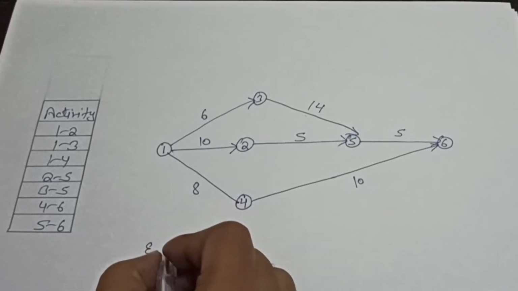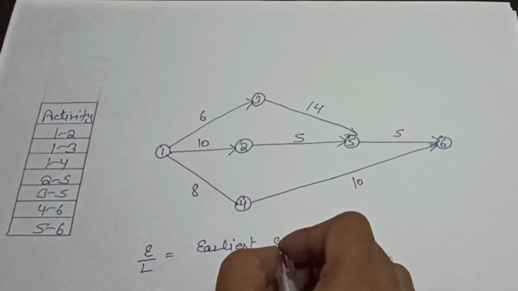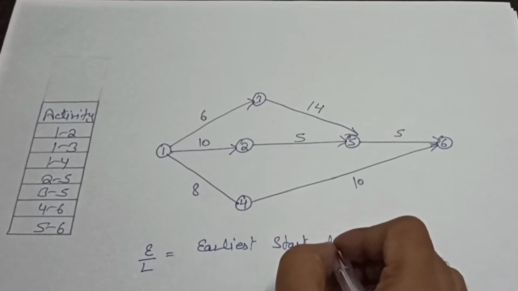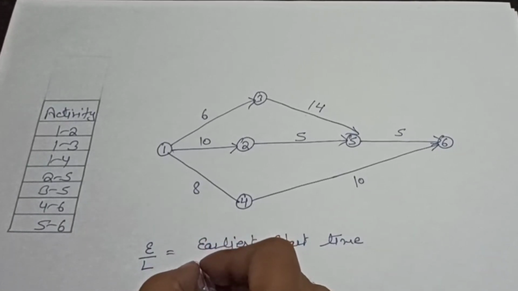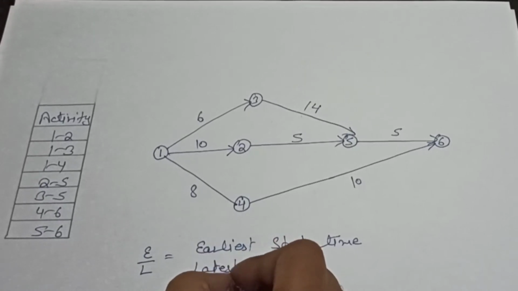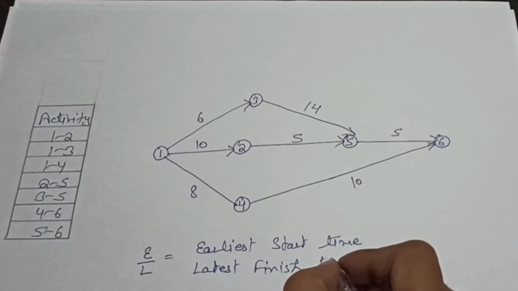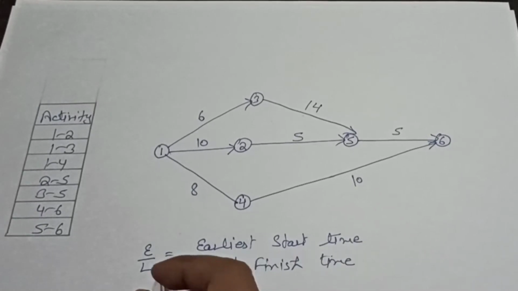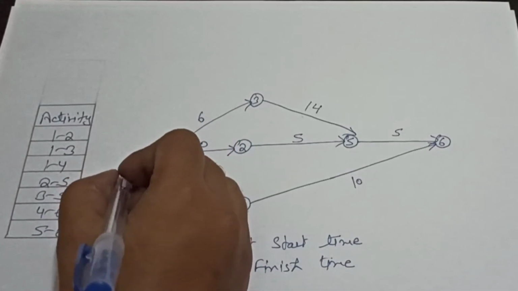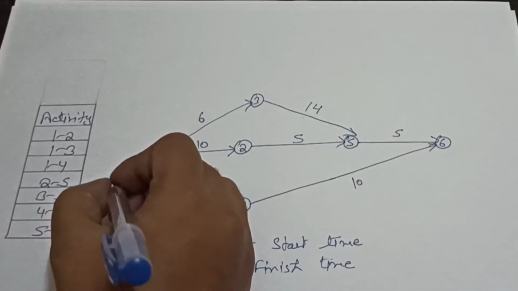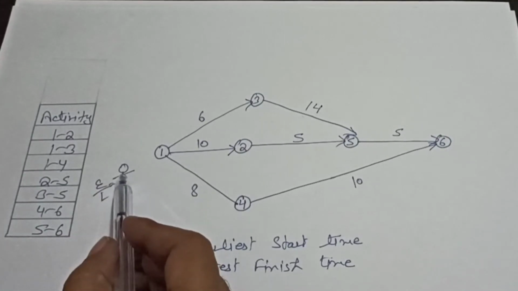As you can see, E is equal to earliest start time of the activity, in short E, and L is equal to latest finish time for the activity, in short L. So for the first node, the starting node, the E value is always 0. So we will write here 0.